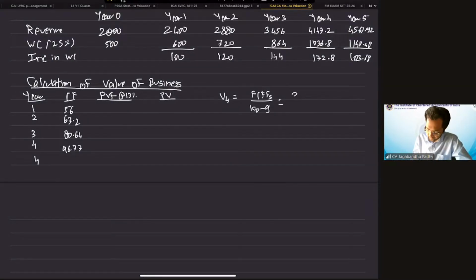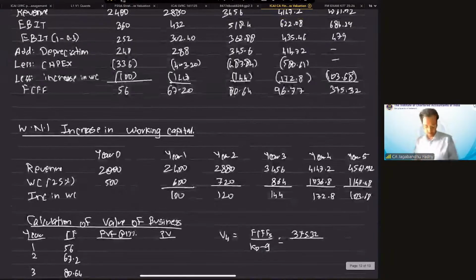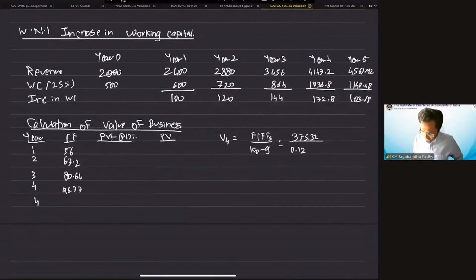So FCFF is 375.32, upon Ko, the overall cost of capital, which is 12%, so 0.12 minus the growth rate of 0.1 or 10%. So 375.32 divided by 0.12 minus 0.1, that's going to be 375.32 divided by 0.02.